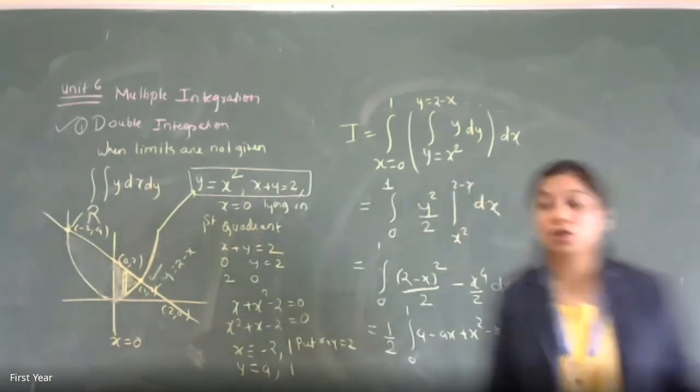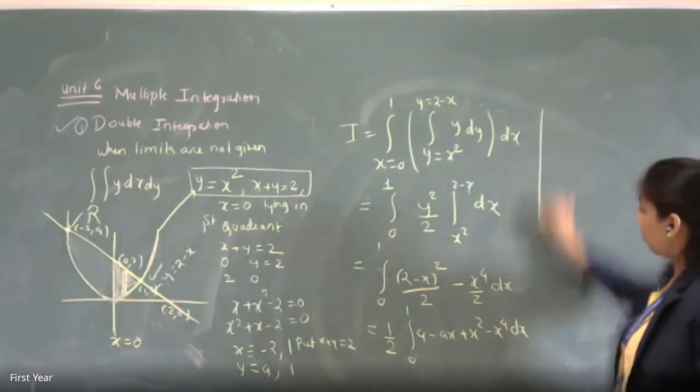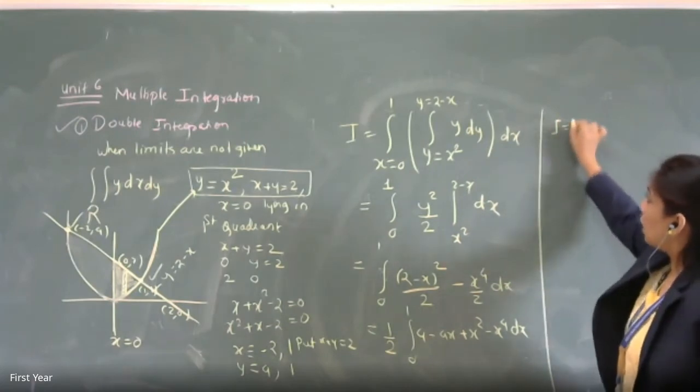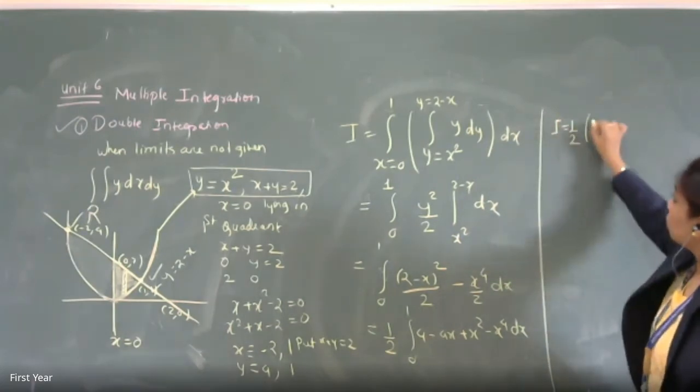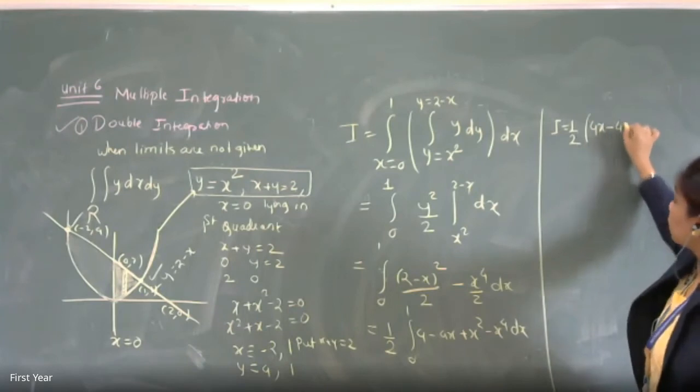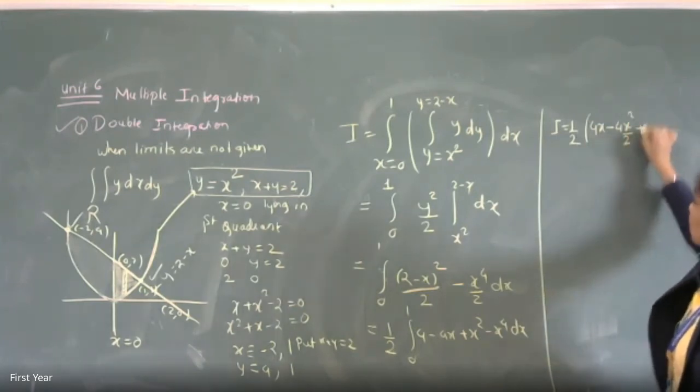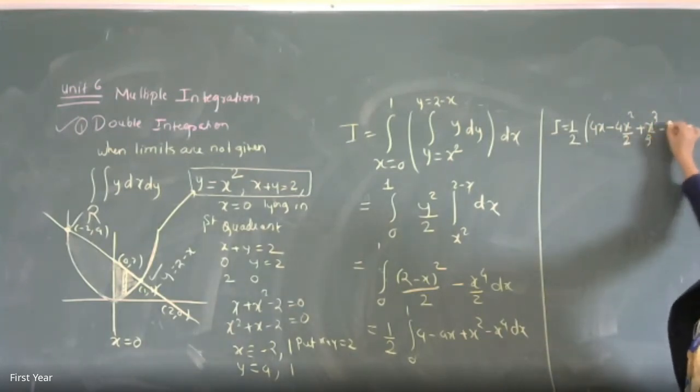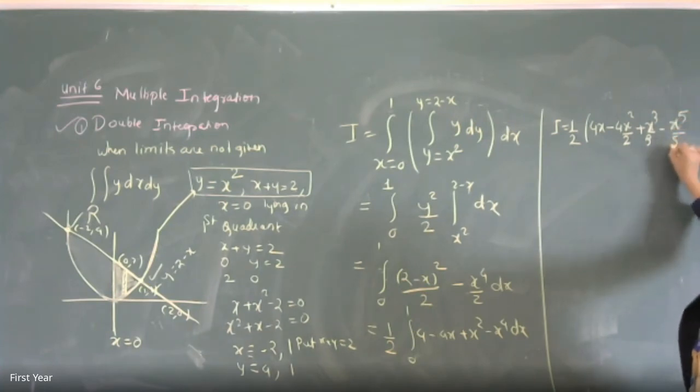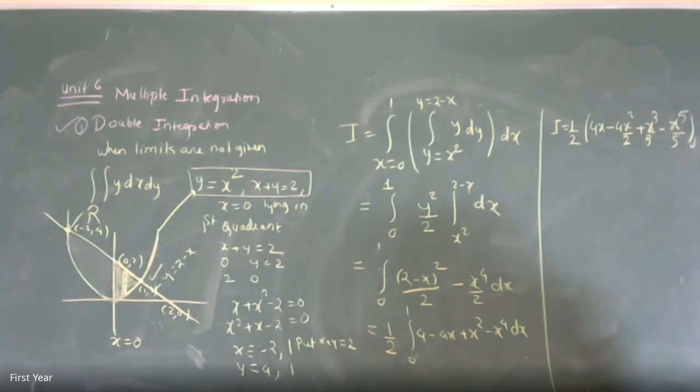So that integration is with respect to x. So your I is half times 4x minus 4x square by 2 plus x cubed by 3 minus x raised to 5 by 5 from 0 to 1.